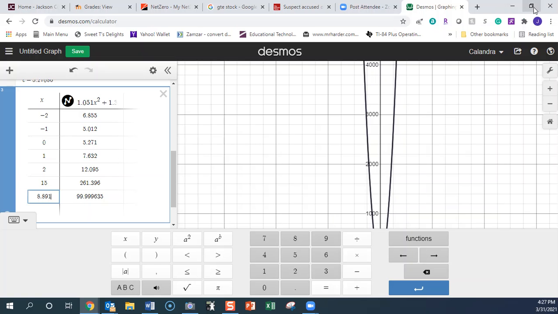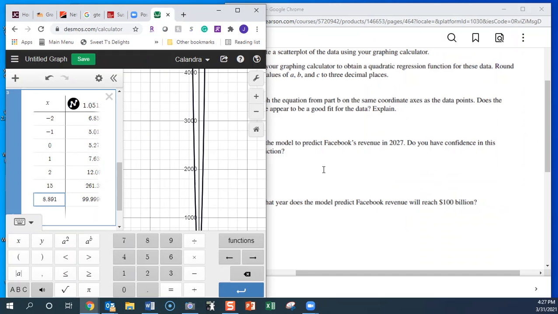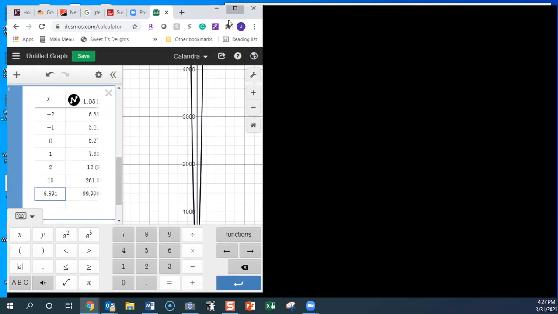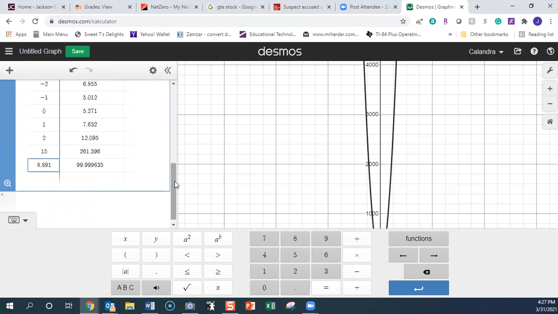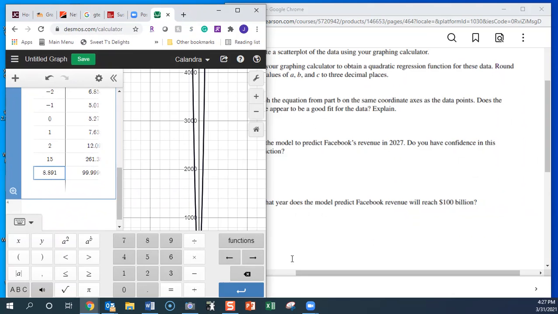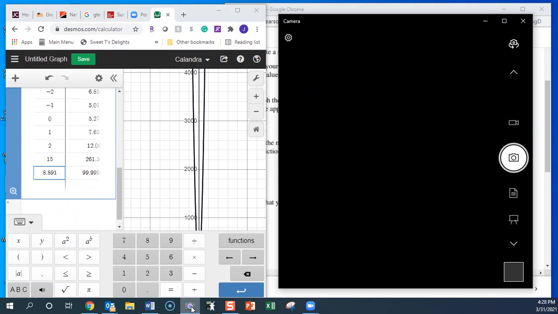But there's another way that we're supposed to do this, and this is how we could do it and show it, and this also in your calculator. But first, let me show you how you're supposed to write the equation.